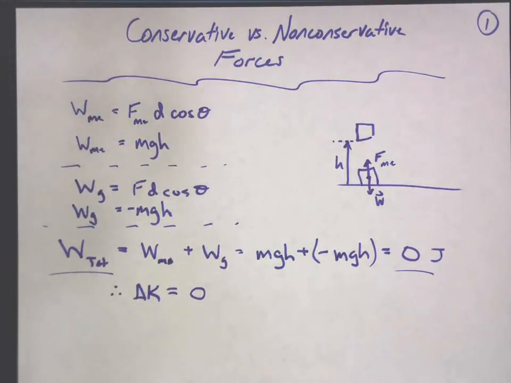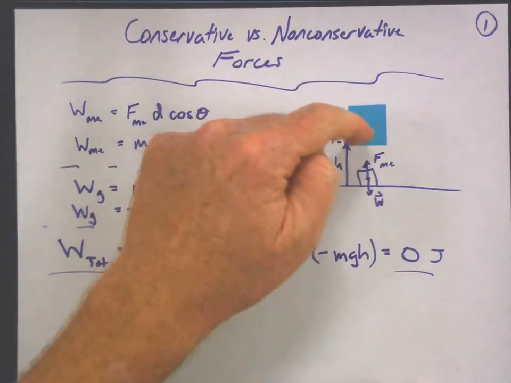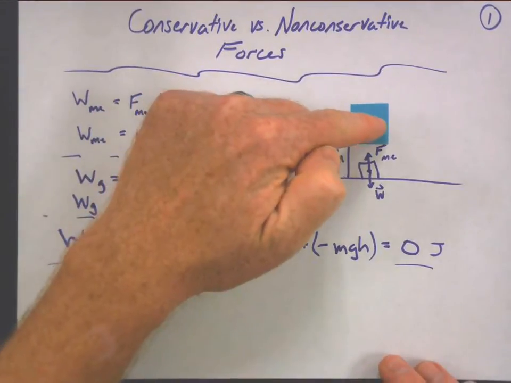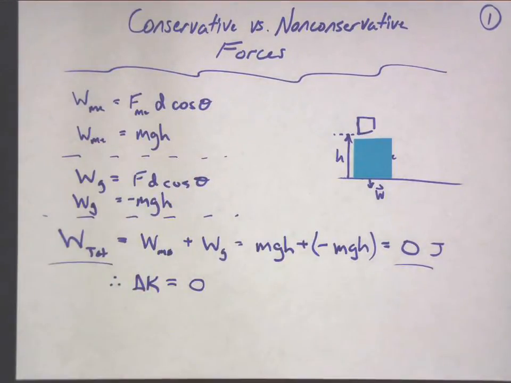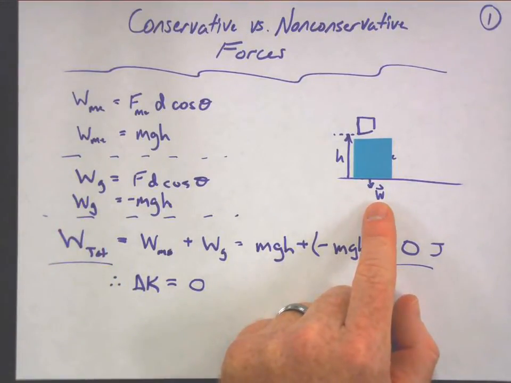All right, well, question for you. What if, after lifting it and getting it up there, I let go? There's my box, and I let go of it. What's going to happen? It's going to fall to the ground, and it's going to gain kinetic energy from the positive work done by gravity at that point.